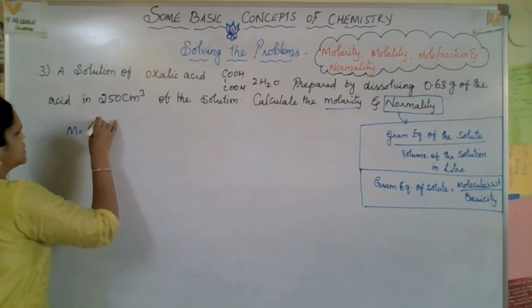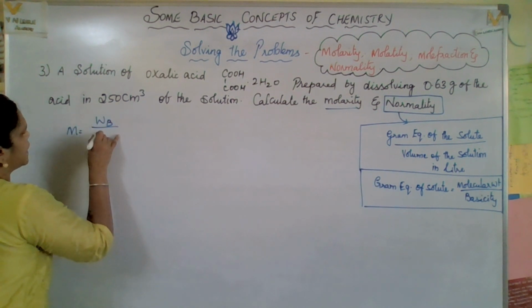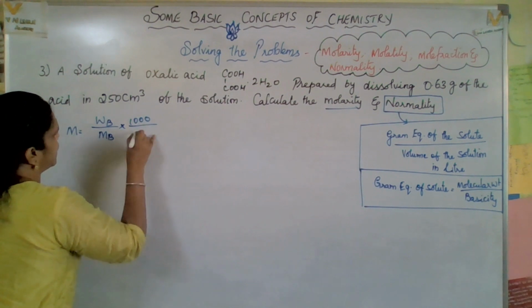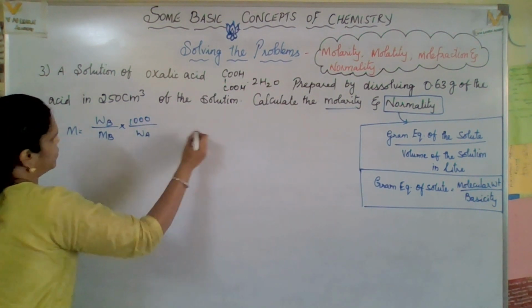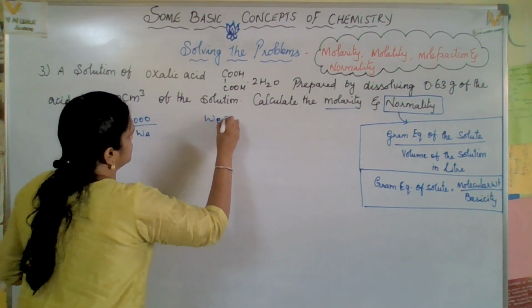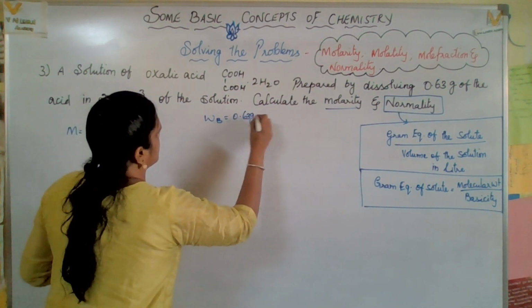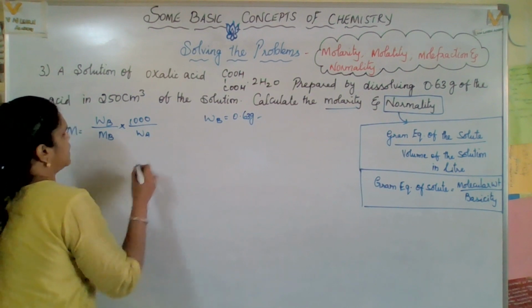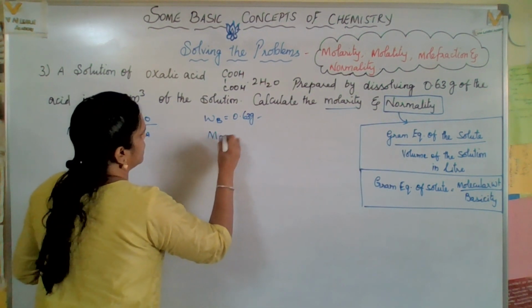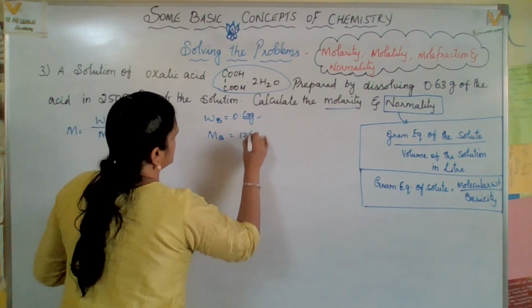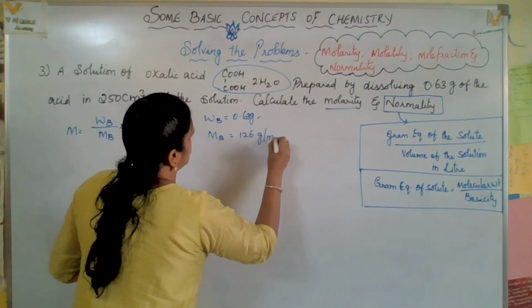So let us go this way: WB by MB into 1000 by WA. WB is 0.63 gram, and MB is the molar mass of oxalic acid, 126 gram per mole.